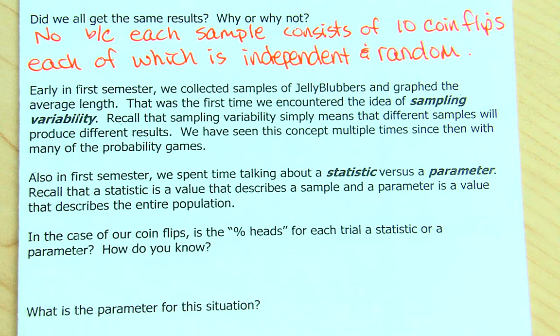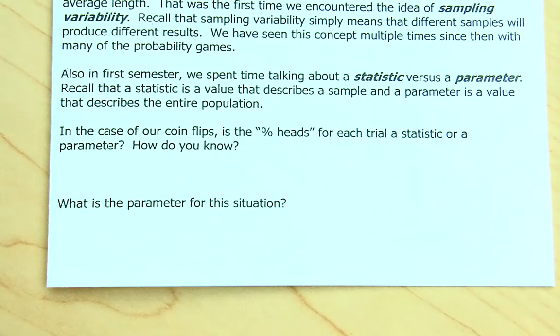So when we look at our graph, that can tell us information about all of these different samples, and we can use that to make a prediction about what we think is true for the parameter, the true proportion of heads. So here, what we have is a statistic.